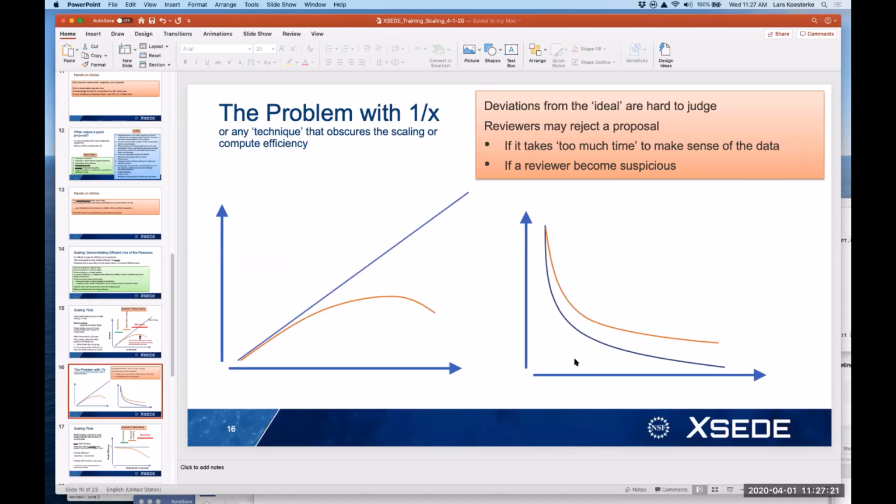Your data could be perfectly fine, but it becomes too convoluted for the reviewer to disentangle what you are presenting. And then at some point, reviewers may become suspicious that you are presenting your data in a certain way to hide that your scaling is not as good as it should be, or more importantly, that you're selecting a higher number of nodes than you should, and that you're trying to hide that fact a little bit.